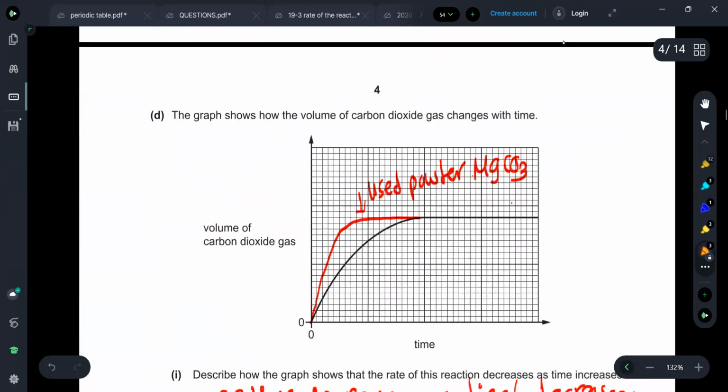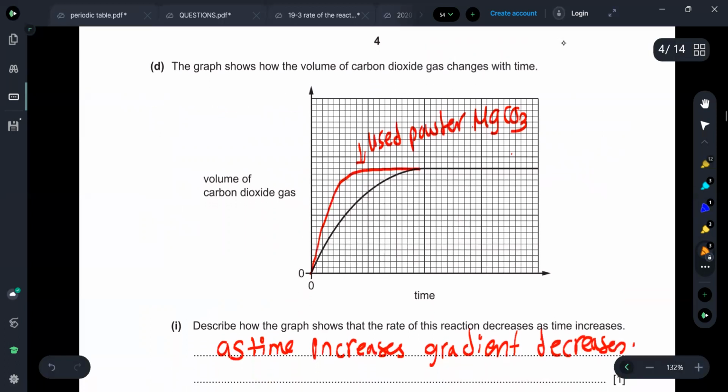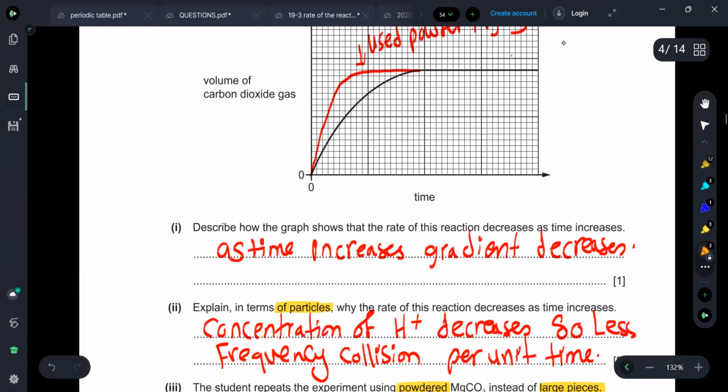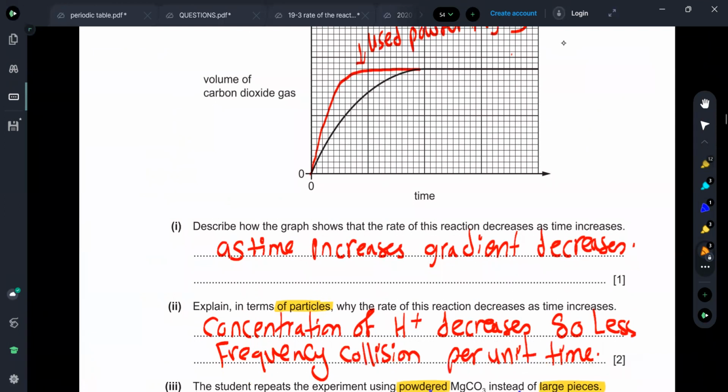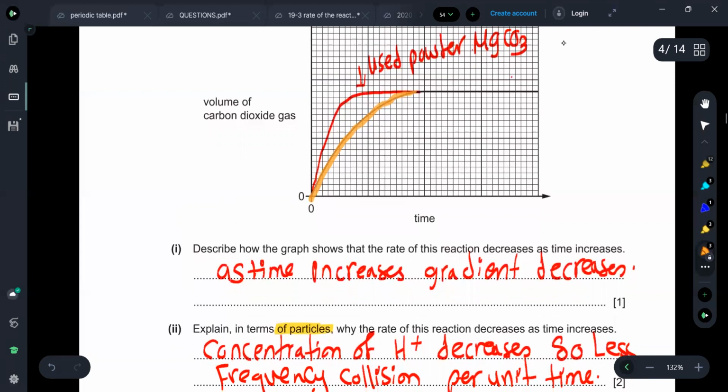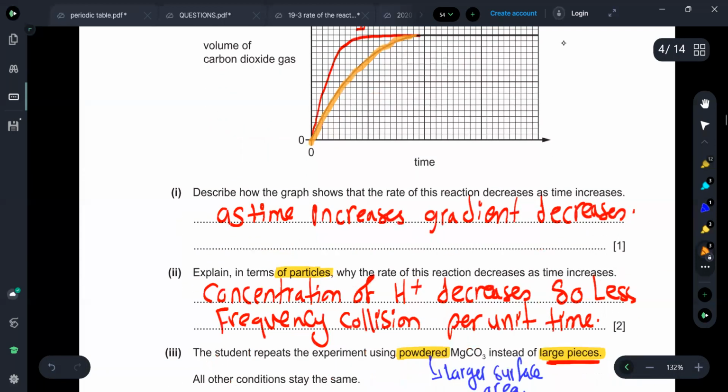Part D. The graph shows how the volume of carbon dioxide gas changes with time. The graph is volume of carbon dioxide gas against time. Describe how the graph shows that the rate of the reaction decreases. The gradient decreases with time.